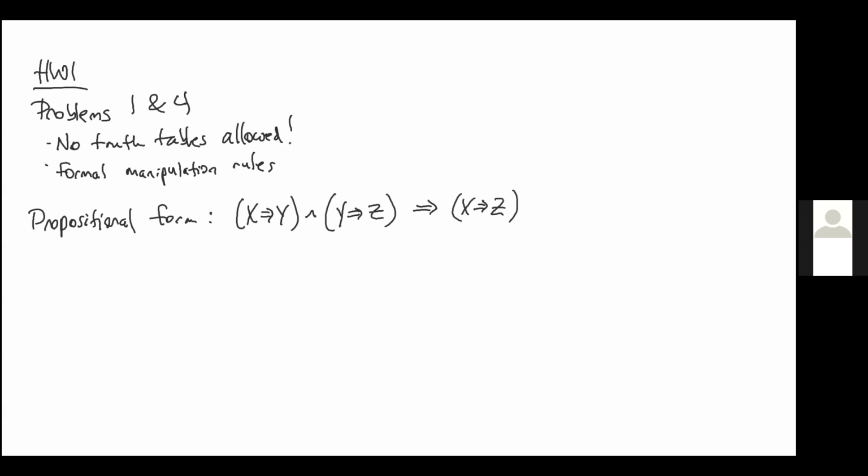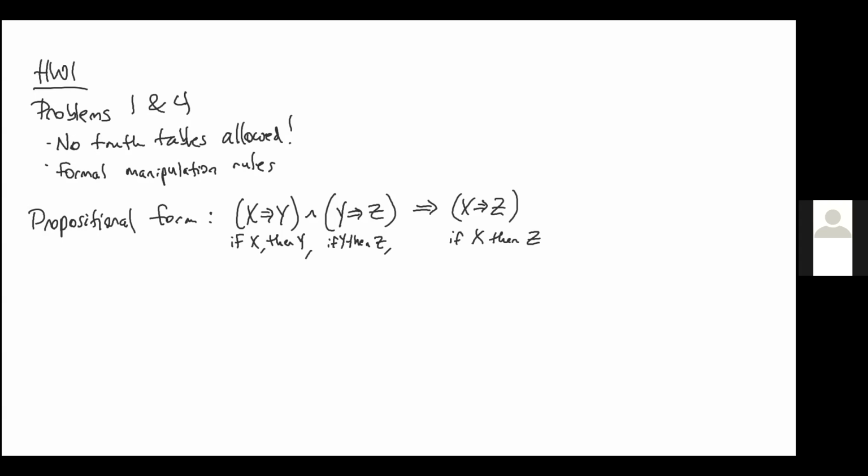What this is saying is, if x then y, that's what that first statement in parentheses says. The second one says if y then z. And this third one says if x then z.